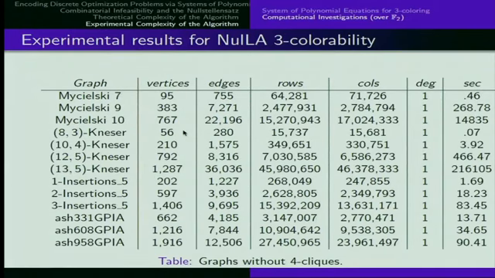So we took several instances of graphs that are known to be non-tree-colorable, and some of them quite large. First of all, a disclaimer: none of these graphs has a 4-clique, okay? So it's not so obvious, if you look at these graphs, that you're going to see why it's not tree-colorable. In fact, some of them are pretty nasty graphs.